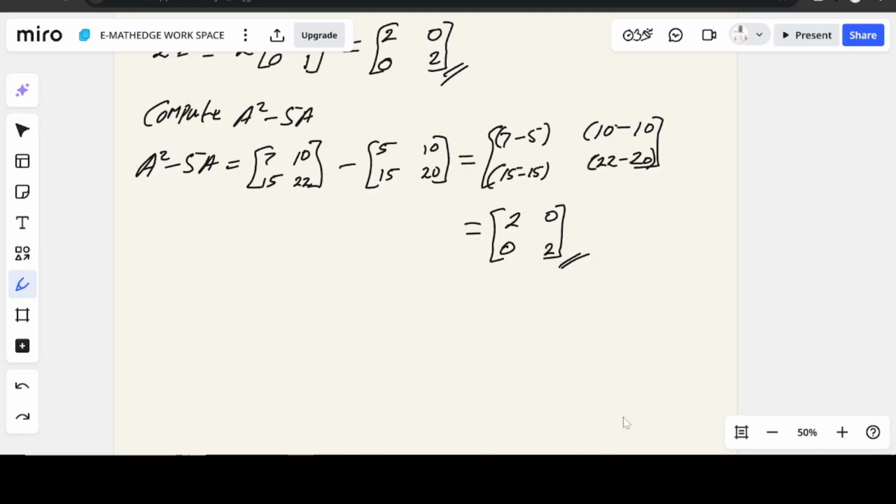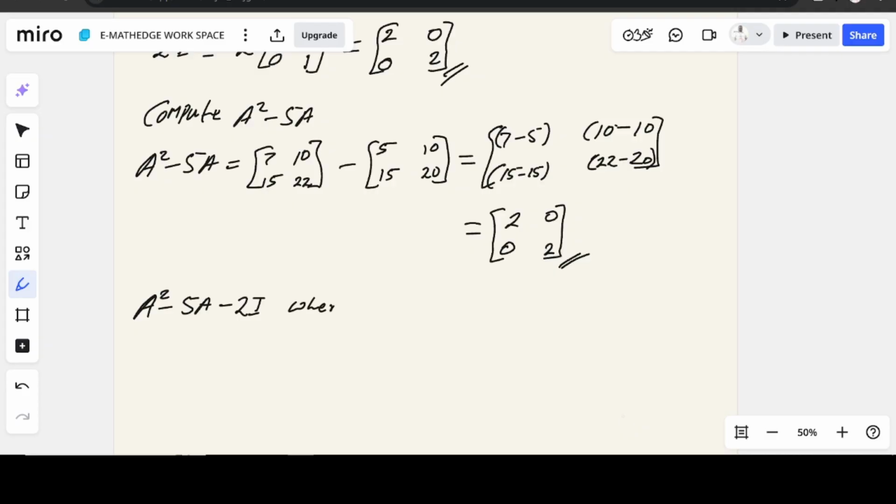So now let's go ahead and solve for the entire expression, which is A square minus 5A minus 2I, right?